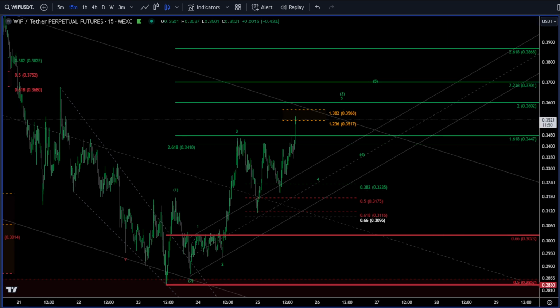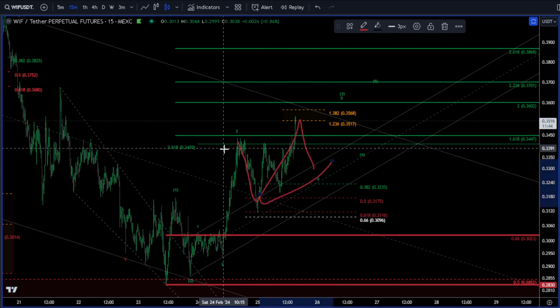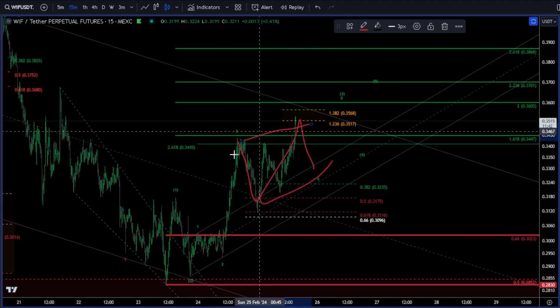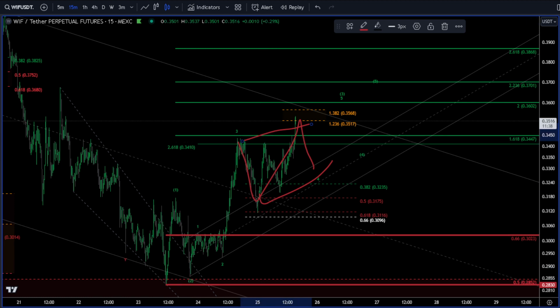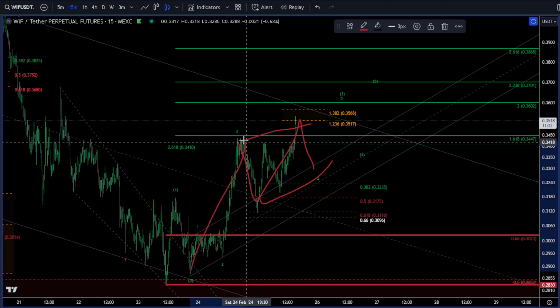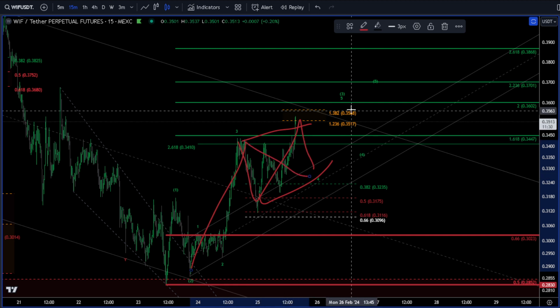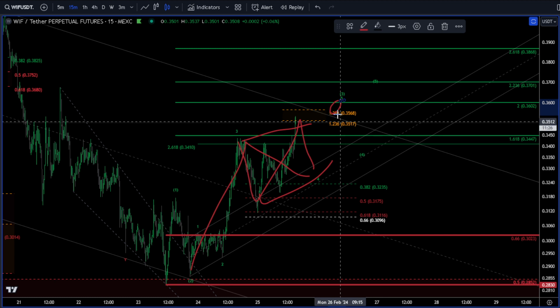So if we pivot here, this would be an A, B, C as a running flat. Looking for, we're past the 1.618, so what I'll do is I'll pull from the 1 to the 3 off the fourth and target the 0.618 for that third of the third.